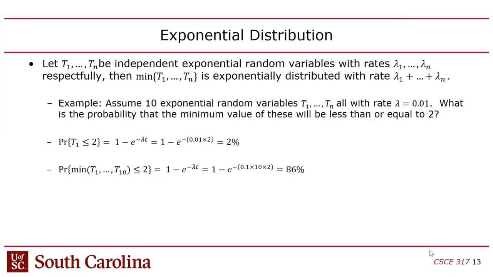Okay, so this one is the property that says if you're looking for the minimum, or if you're synthesizing a new random variable that represents the minimum of a set of other random variables, then you can just add up the lambdas and create a new random variable. So this one's useful when you're looking for the first event to happen in a set of exponential random variables.